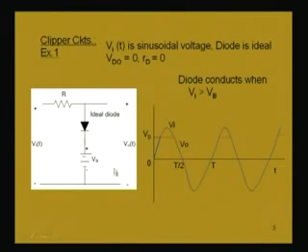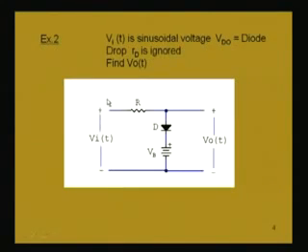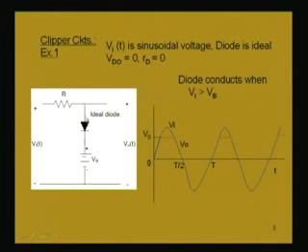So, if we want to find the voltage across these 2 points, since the current is not conducting, these 2 points are the same as those 2 points.